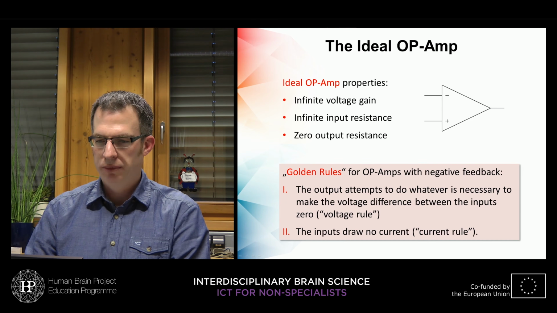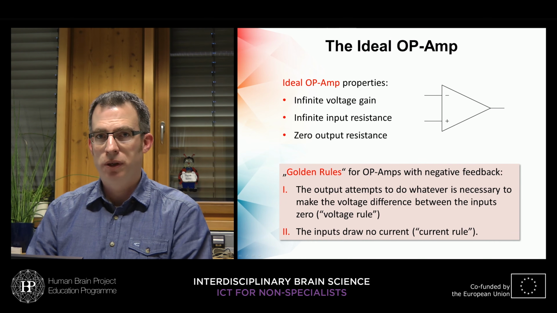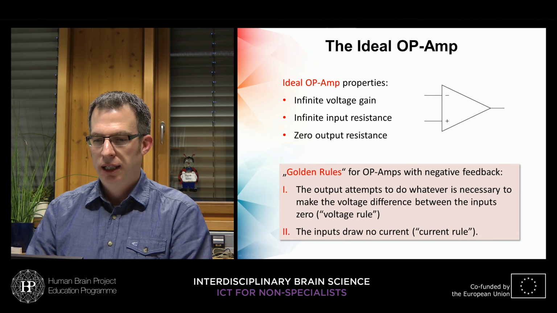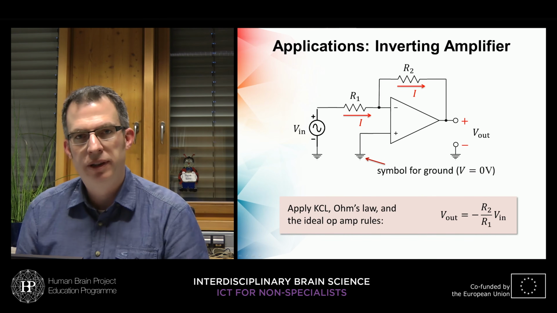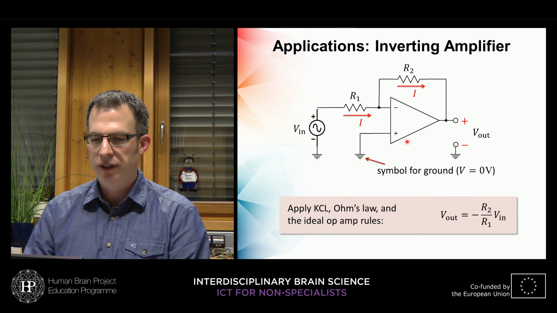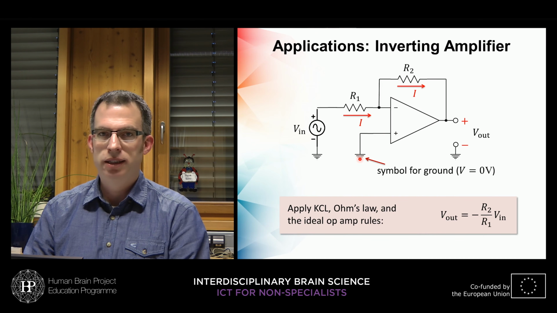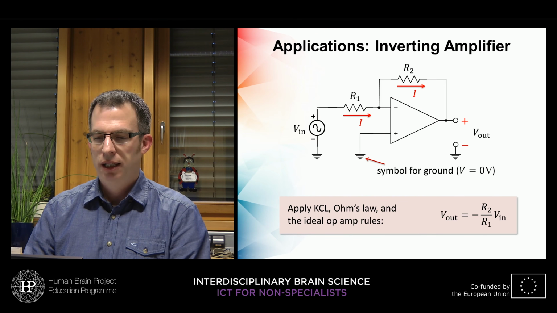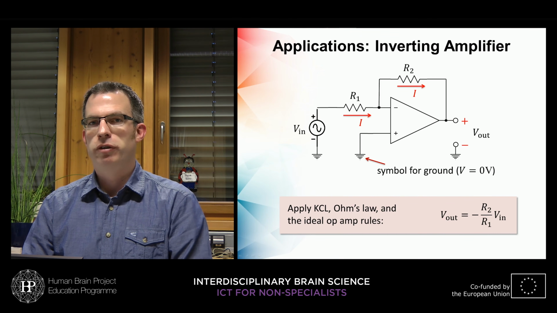So let's look at 2 basic circuits that we can build with operational amplifiers. The first one, and that's probably the easiest one, is the inverting amplifier. So we have the operational amplifier as a central element here, and we connect the non-inverting input to our ground. And I didn't introduce ground so far, but I think you can all understand that this is a global symbol denoting a global voltage of 0 volts.